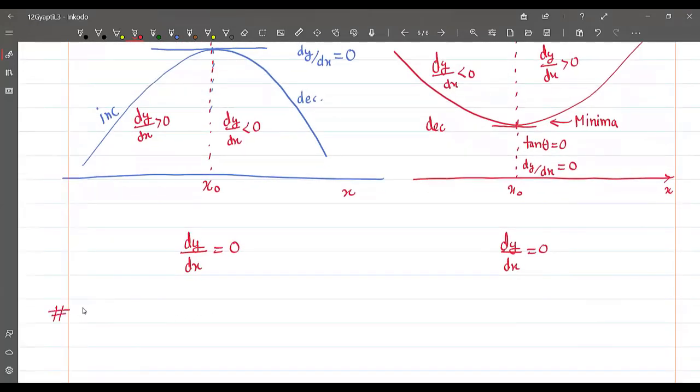So what is the approach that you should take? You should first identify your function y as a function of x. Then, the second step, find dy by dx.